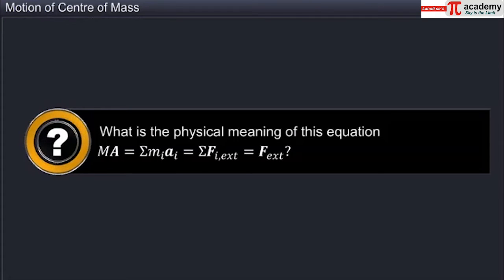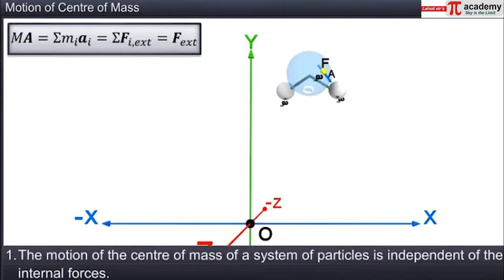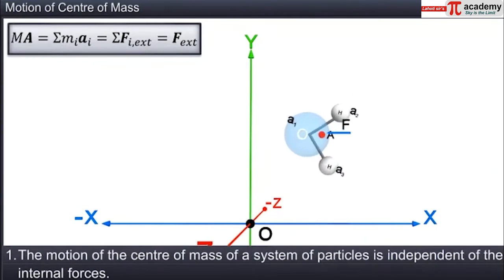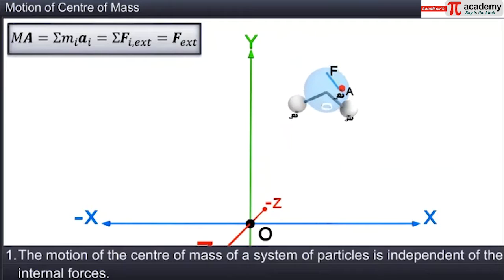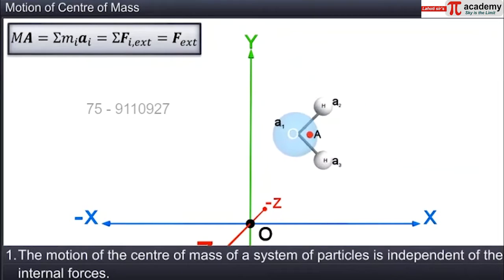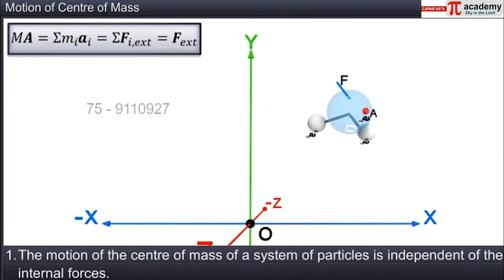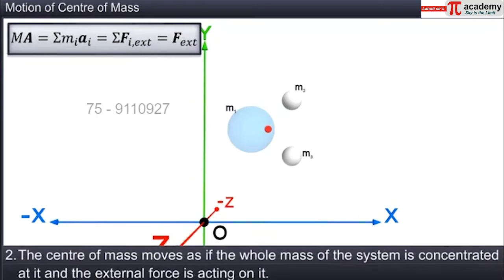What is the physical meaning of this equation? Ma is equal to sigma mi ai is equal to sigma Fi external and is also equal to F external. 1. The motion of the center of mass of a system of particles is independent of the internal forces. 2.